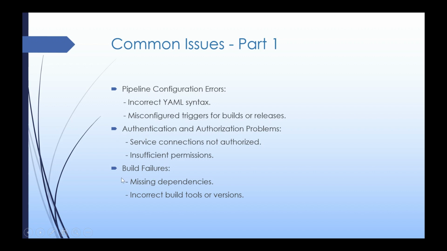The next one is build failure. In this case, generally if we have a missing dependency, suppose you are building .NET code or Python code, and you have specified some dependencies and those dependencies are not found while building the code, then your pipeline generally fails. Same is the case with .NET or Node.js, whatever kind of application you are building.